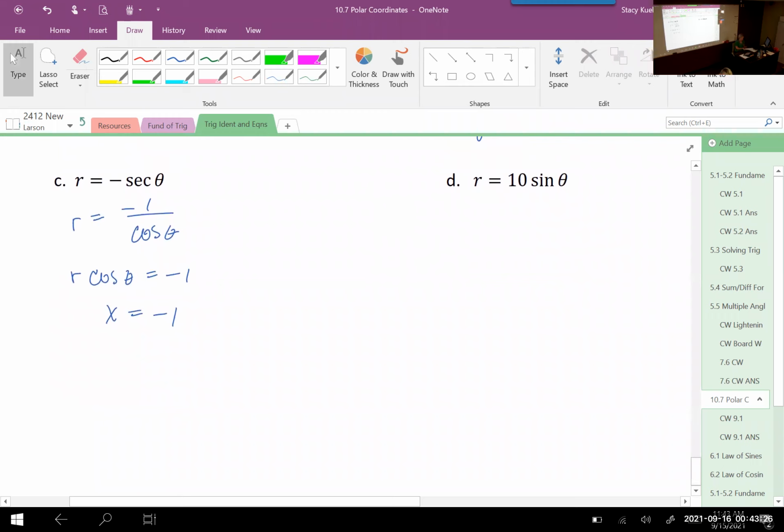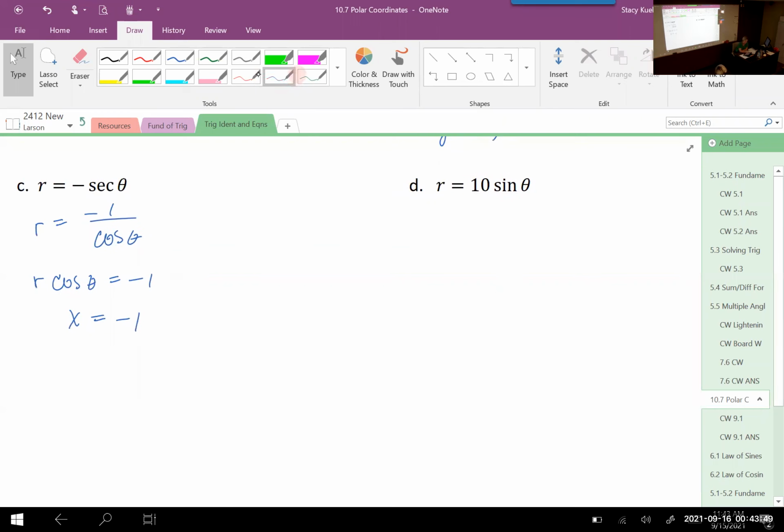All right, let's look at this one. This one says r is equal to 10 sine theta. To get rid of r, let's go ahead and square both sides. No, I don't want to do that. I lied.